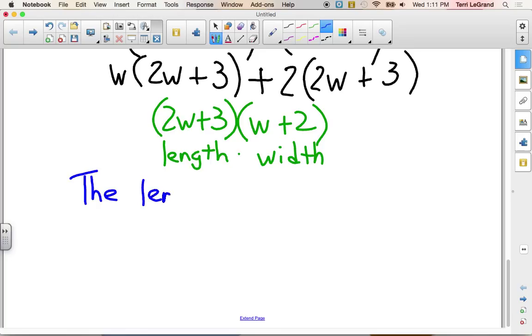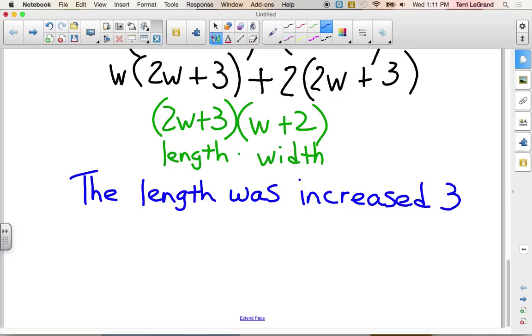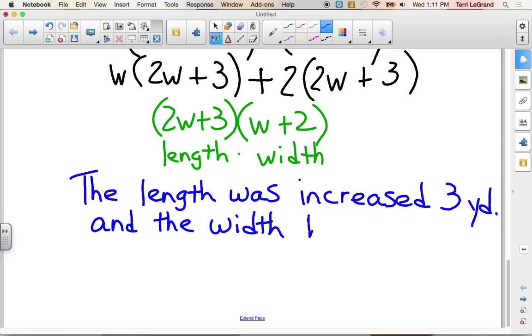The length was increased by 3 what? Yards. And the width was increased by 2 yards.